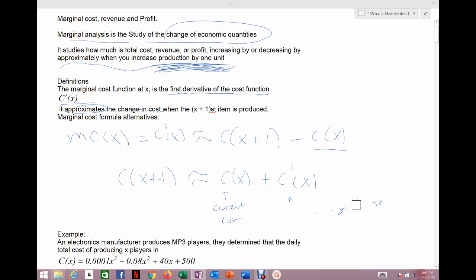Again, you're going to have to bear with my writing on this. It's all done on a tablet with a pen, so bear with my handwriting. This part is the additional cost to produce the x plus first. Again, it is an approximate additional cost. If I take the current cost plus the approximate additional cost, that'll give me my approximate cost at x plus 1. We'll look at applications, what we mean by this, and compare it to the actual cost.